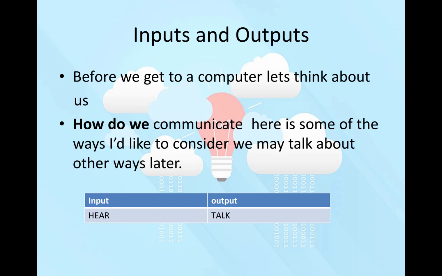We hear other people speaking, don't we? And we also talk to other people. So the talking is outputting from us, so we're outputting in a form of speech, and inputting, we're using our ears to hear what other people say.